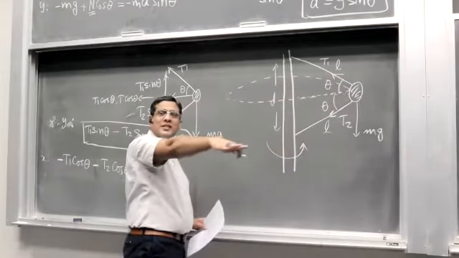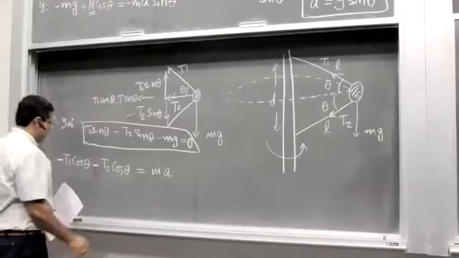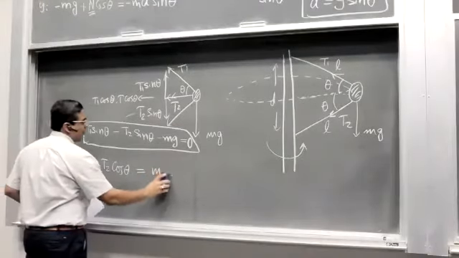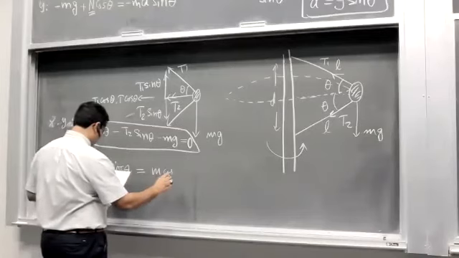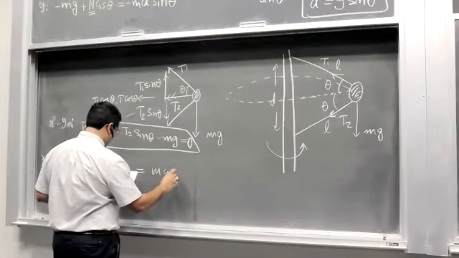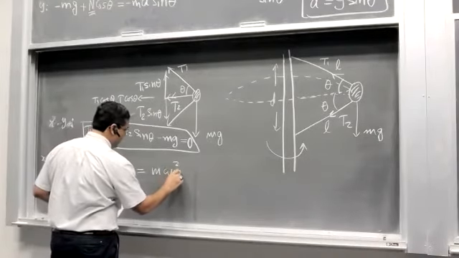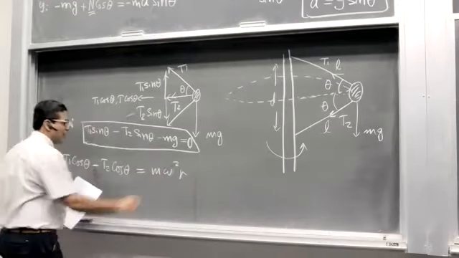So if it does that, then the acceleration would be what? Omega square r. Good. Is it r square omega or omega square r? Omega square r, I think.